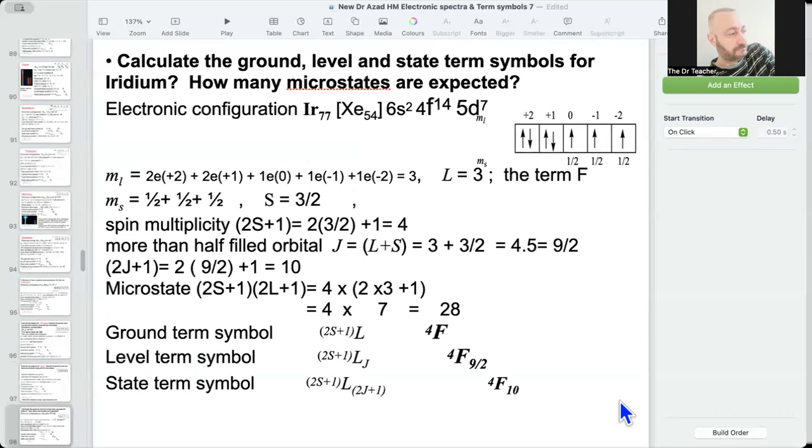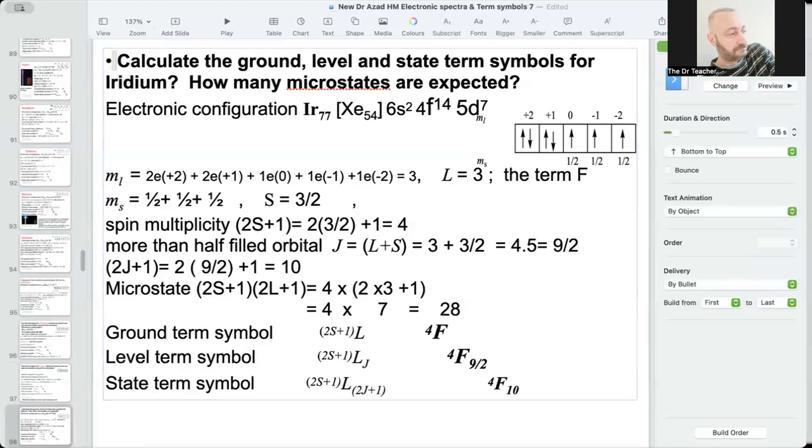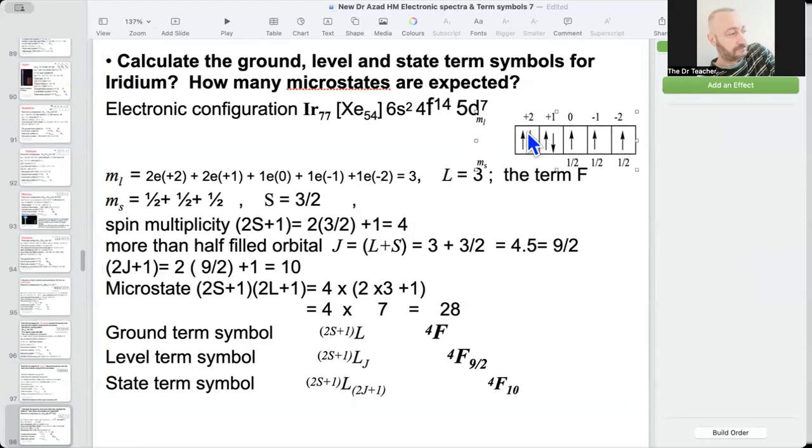So here, if you've been given, calculate the ground level and state term symbol for iridium. This is a sample question. For the iridium, you can see the atomic number is 77. The last orbital will be 5d7. You arrange them like this, and you can practice this in a similar way to before.